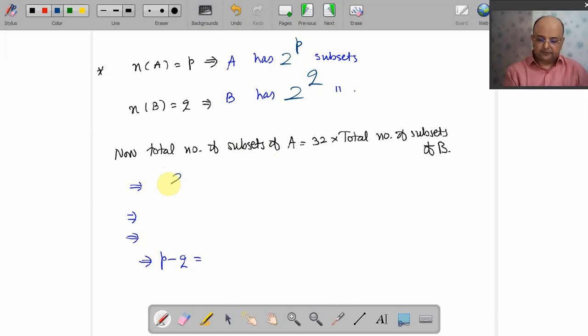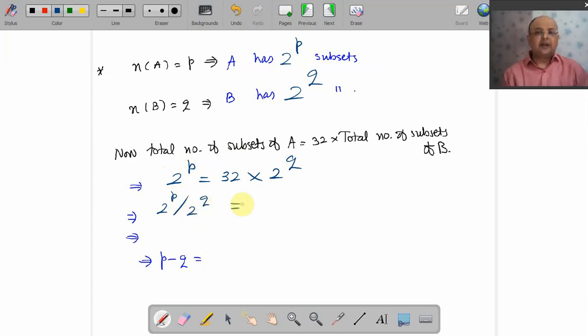Total number of subsets of A, that is 2 raised to P, equals to 32 times the total number of subsets of B, that is 2 raised to Q. So I take this 2 raised to Q in the denominator of 2 raised to P, so that is 2 raised to P upon 2 raised to Q. Everything is in terms of 2. So let me rewrite your 32 as 2 raised to 5.